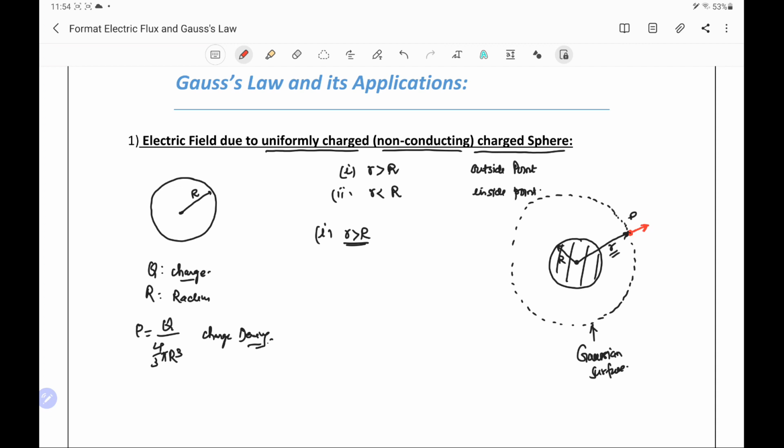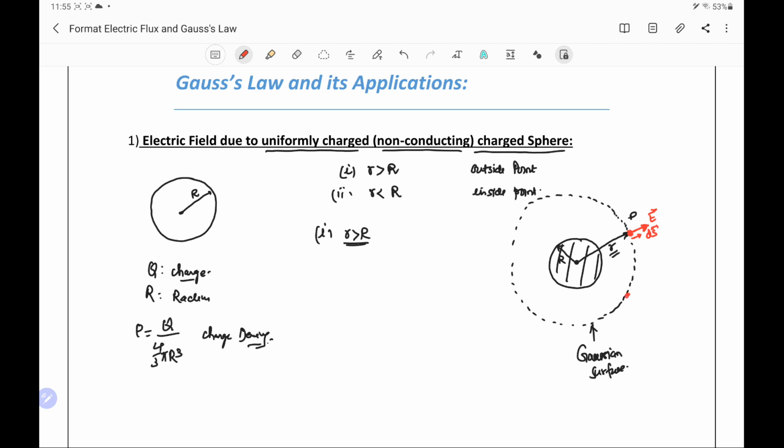The surface area vector is also perpendicular to the surface, in the outward direction. So we can say this electric field E and surface area ds are parallel, and E is uniform because E has equal magnitude, since the distribution of charge with respect to each point of the surface is the same, and the direction is along the radius.